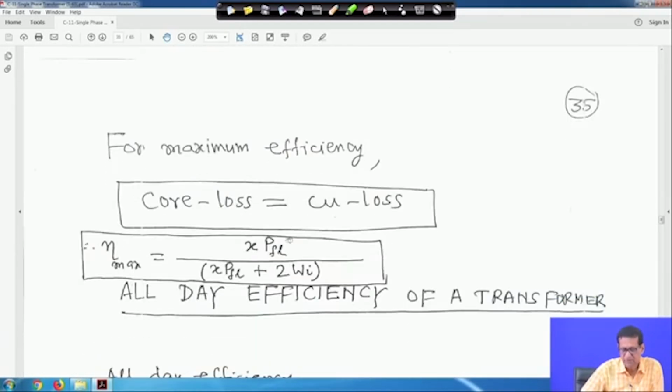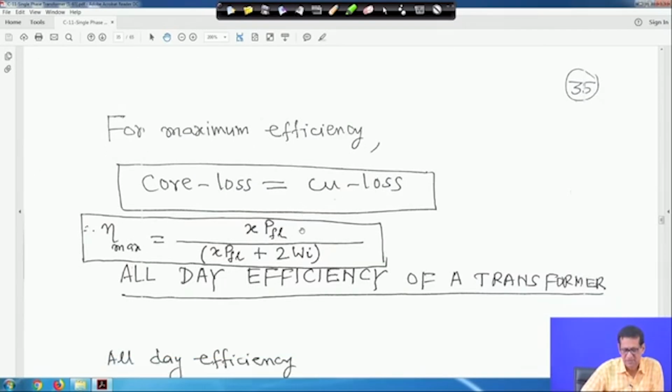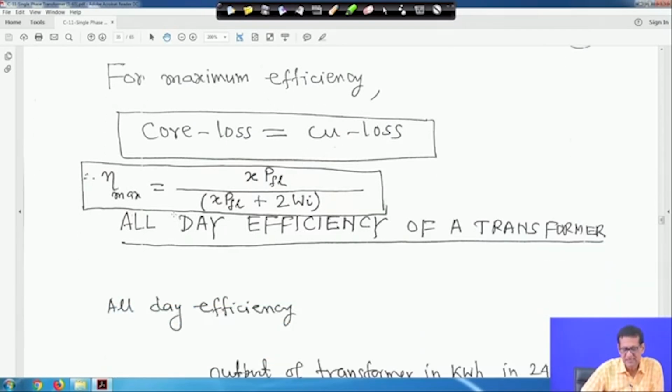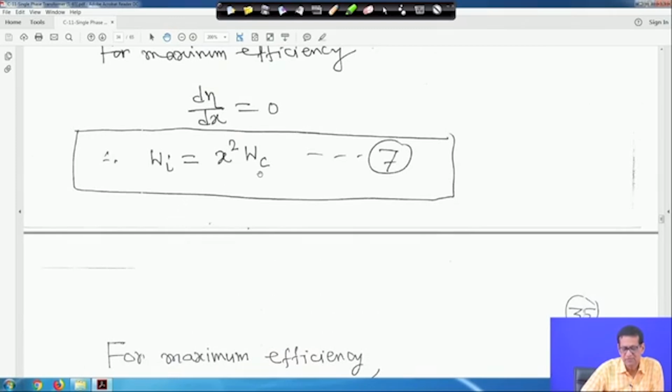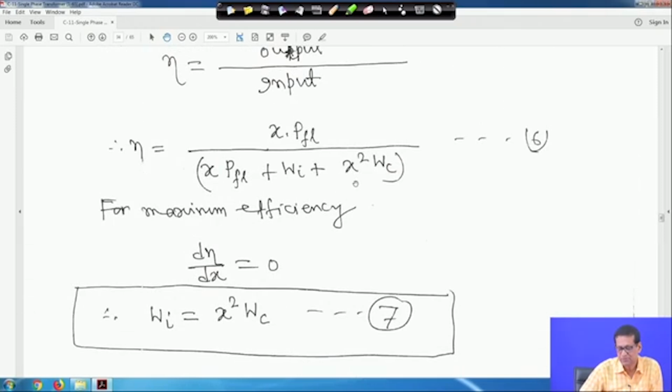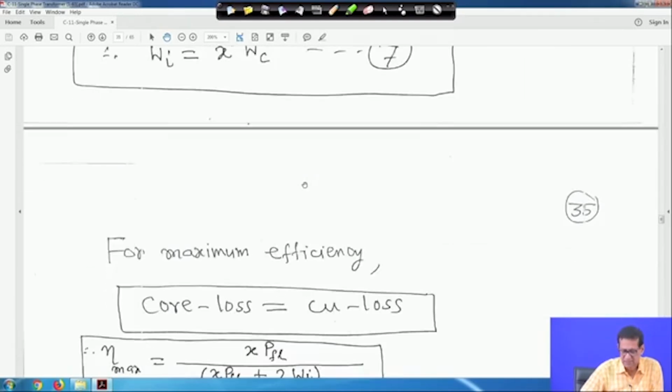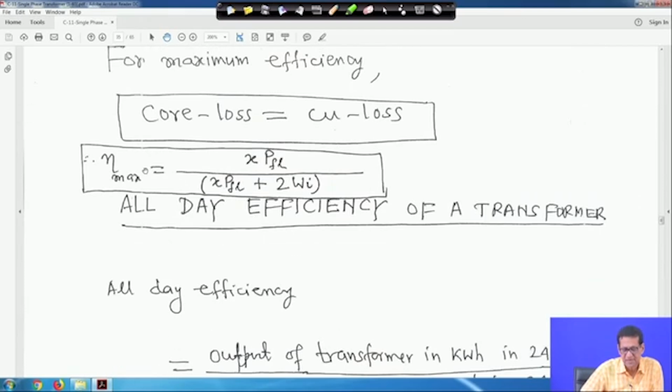Now, eta max: if you put Wi equal to x square Wc in this expression, it becomes x PFL divided by x PFL plus 2 Wi. That is what is written here, the maximum efficiency is x PFL upon x PFL plus 2 Wi. This is all for the maximum efficiency of a transformer.